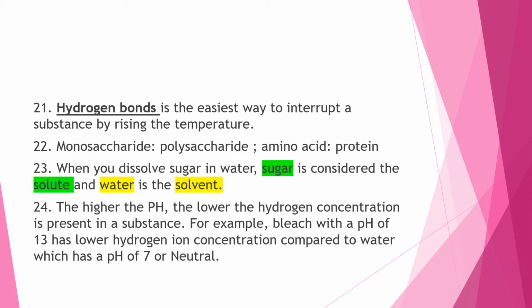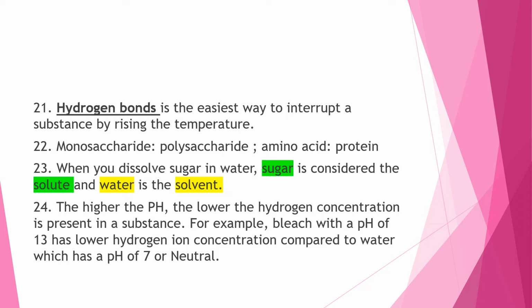Hydrogen bonds are the easiest way to interrupt a substance by raising the temperature. So if you encounter this term, hydrogen bonds are the easiest way to interrupt a substance by raising the temperature. Okay, so maybe the question would go like this. What kind of bond would be the easiest way to interrupt a substance by raising the temperature?